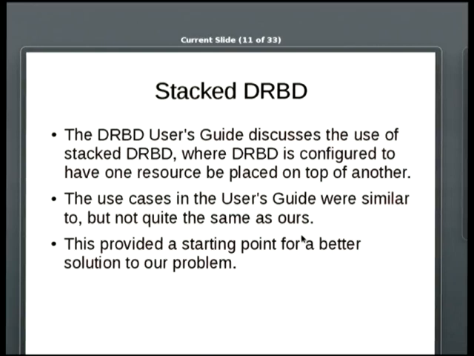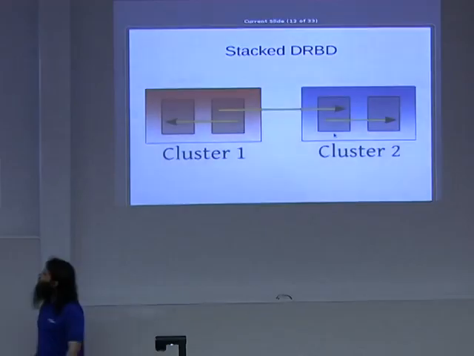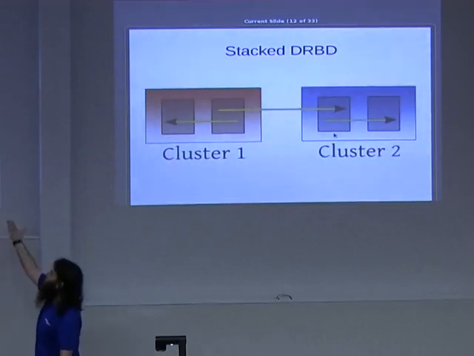But the use cases in the user's guide were not quite the same as ours. So this provided a starting point for us. And this diagram illustrates how stacked DRBD works. The intent here is that you have the 2 lower-level resources that you can have master-slave either way.